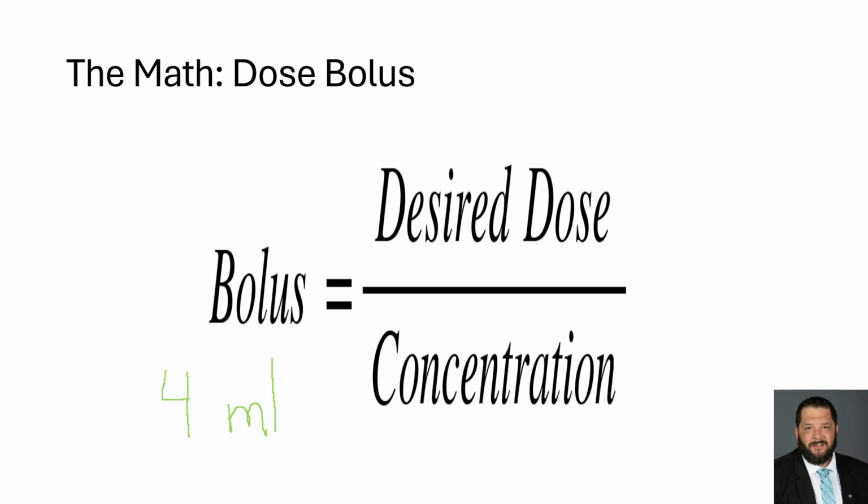But you've also calculated the practical volume that you need to draw from the syringe to be able to give that patient 4 milligrams. That volume is 4 milliliters. You've delivered 4 milliliters of solution containing 4 milligrams of medication. I would encourage you to pause here and go through some practice questions based on your guidelines, your protocols, and your medications at your local service.